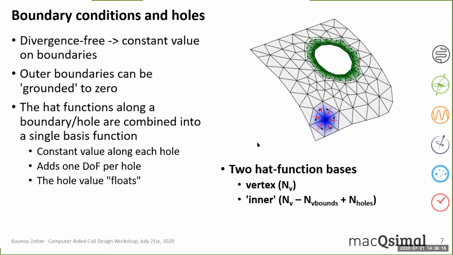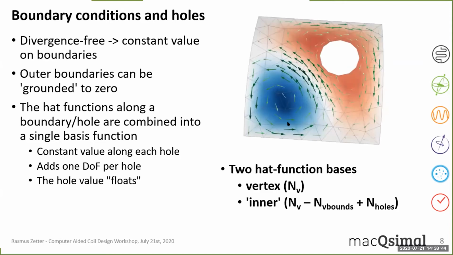We have the one I presented previously, which has the length NV, number of vertices. Then we have a so-called inner hat function basis, which has the length number of vertices minus the number of vertices on the boundaries, plus the number of holes, so inner vertices like the one here in green. So essentially, per inner hole, you add 1 degree of freedom to the system.